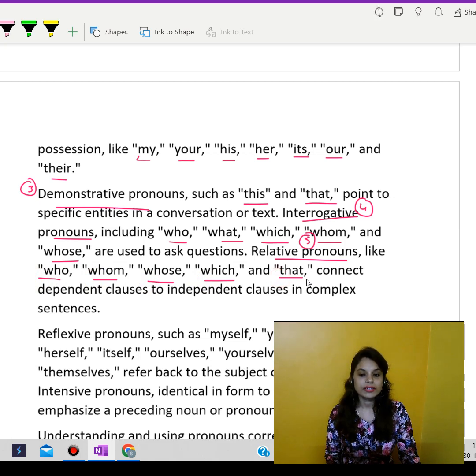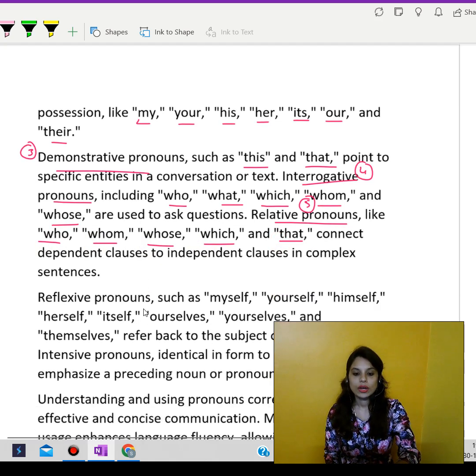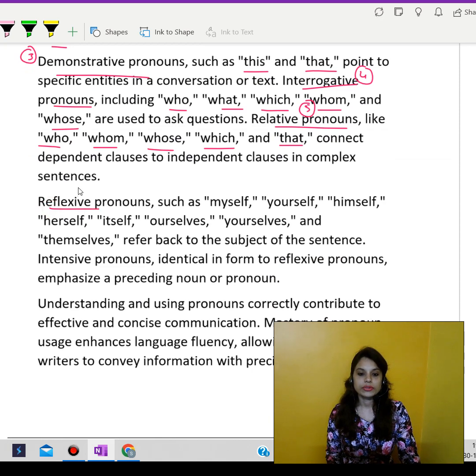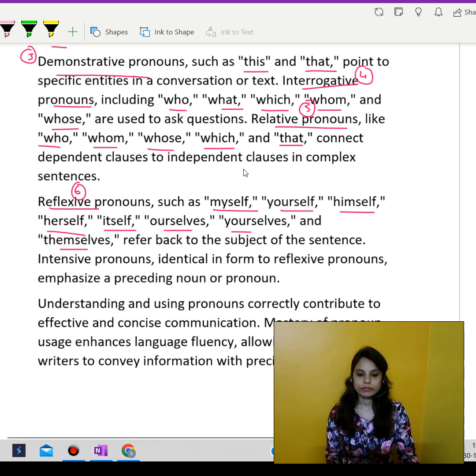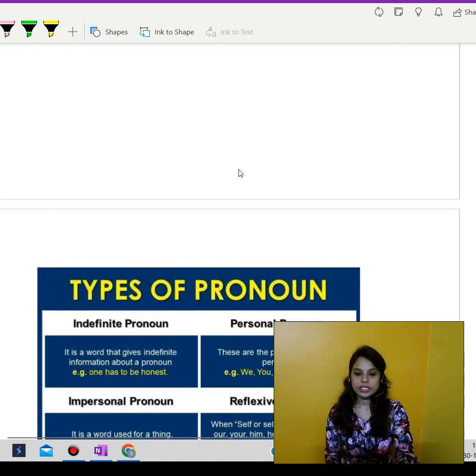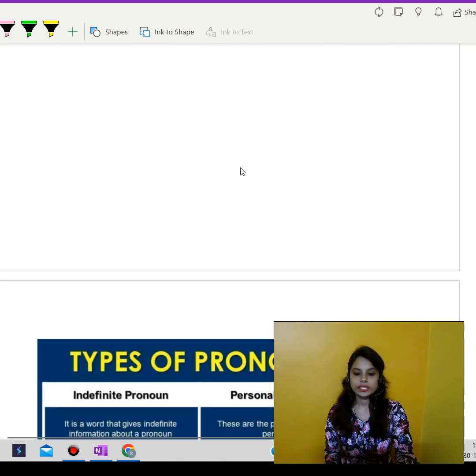These would come under relative pronouns. Reflexive pronouns are also there, coming under the sixth: myself, yourself, himself, itself, ourselves, yourselves, themselves. So these were the types of pronouns.